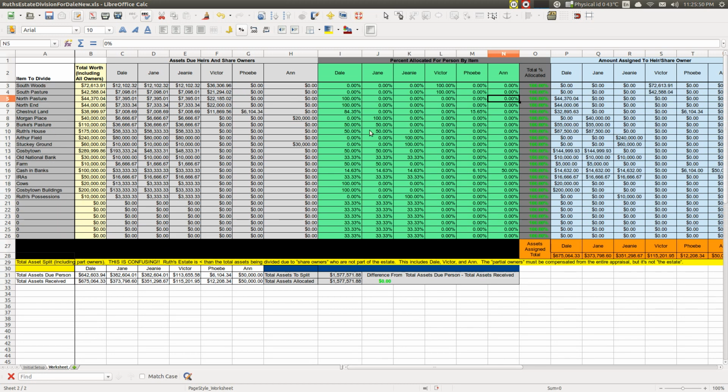And you can play with this to your heart's content. As you can see, you're about 30,000 ahead here, or taking too much. And Jane is a little bit behind. So you take Ruth's house and make your share 40, and Jane's, don't put an apostrophe in there, and make Jane's share 60.